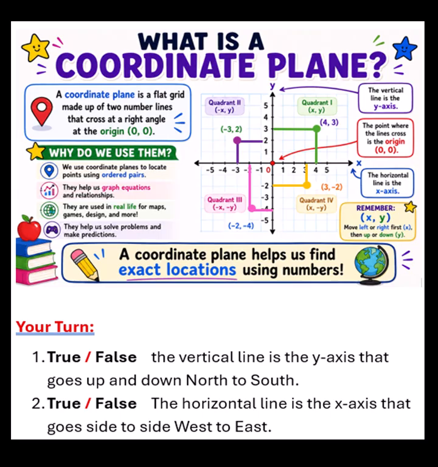The vertical line is the y-axis, the line that goes up and down like this. And the x-axis goes side to side, in a straight line.